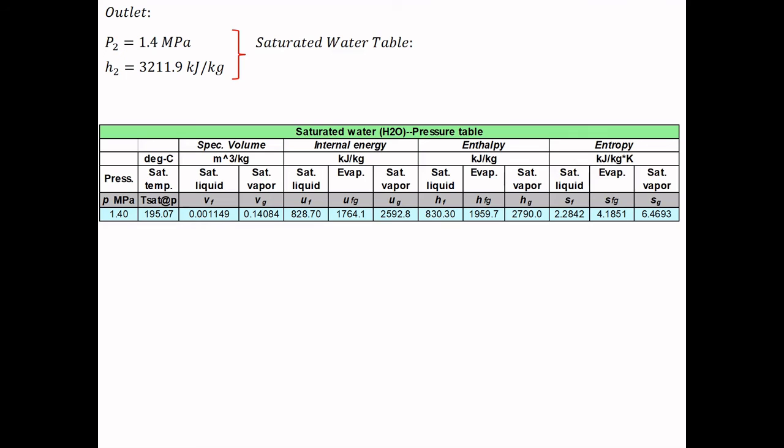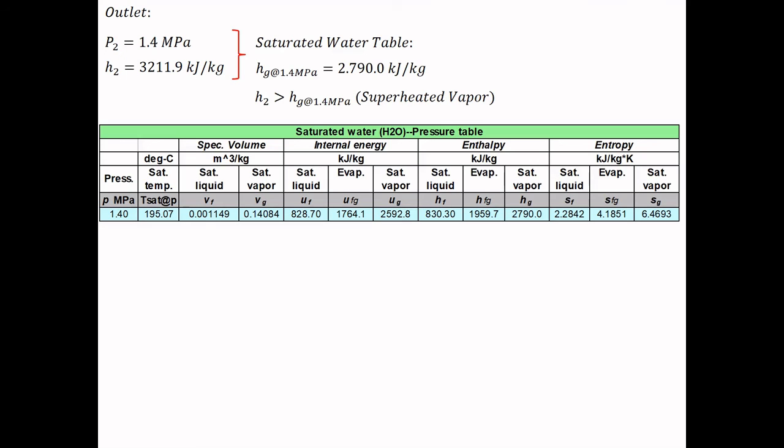Because we have the value of h, we need to make a comparison between the value of h given and the value of hf or hg in the saturated water table at 1.4 megapascal. If you look, the value of hg at 1.4 megapascal is equal to 2790.0 kJ per kg.